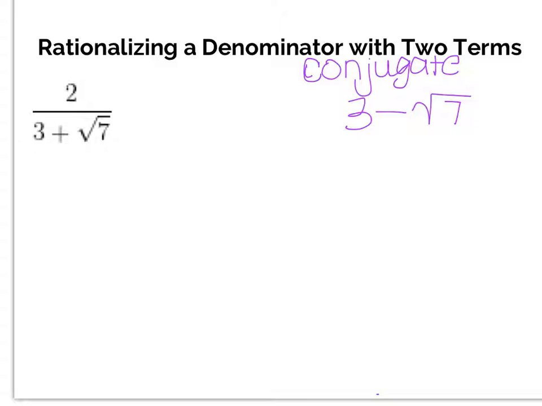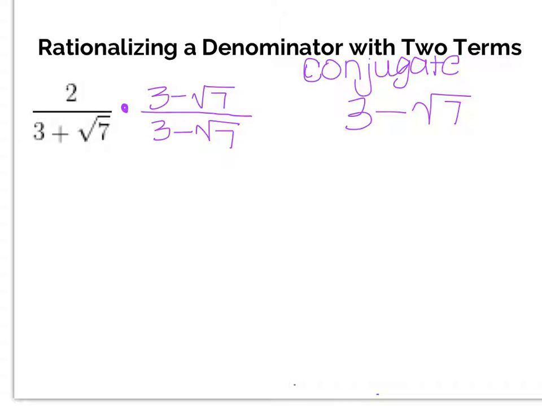So to rationalize 2 over 3 plus the square root of 7, we're again going to multiply by our factor of 1. This time, however, our factor of 1 looks like 3 minus root 7 over 3 minus root 7.